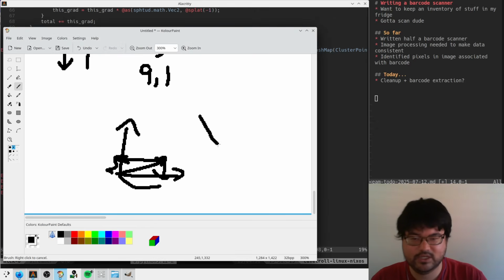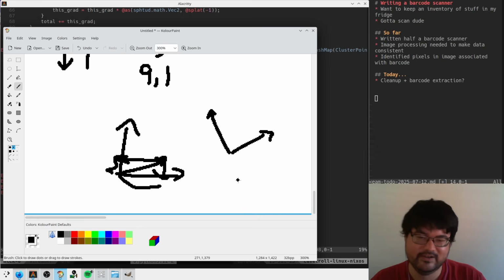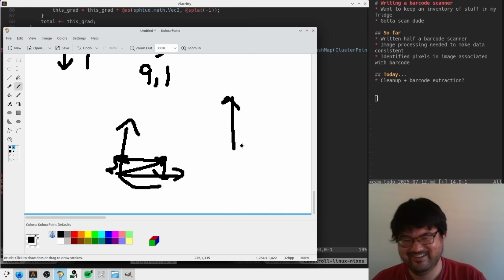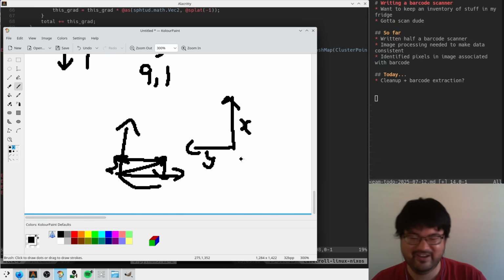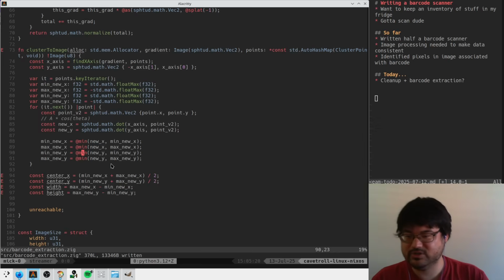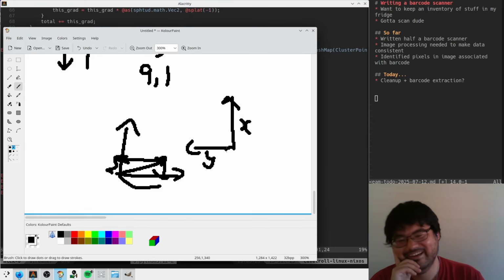So if we have a rotation that starts by having our this, to rotate back, so this is like x, y. How do we go back? Forgot to change min to max, true. How do I go back here?